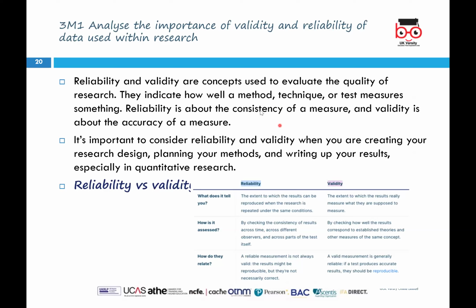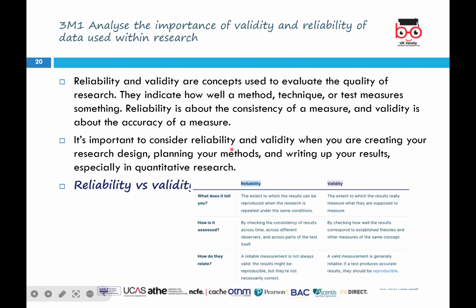So that is reliability. Or if I have a weighing scale, let's say I have a weighing machine. Is it reliable enough that it will consistently measure everyone? And is it valid? So does it give accurate measurements, or does it give accurate measurement for some people and doesn't for the others? It's important to consider reliability and validity.